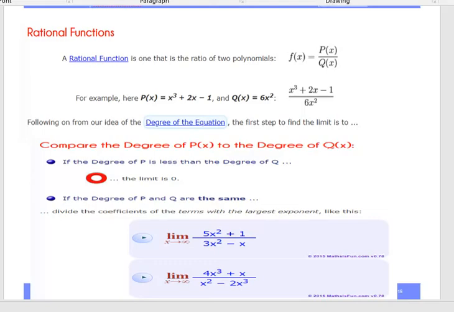Okay, so whenever we can see that the degree of p(x) is less than the degree of q, the limit is 0. But if the degrees of p and q are the same, well then we divide the coefficients of the terms with the largest exponent.